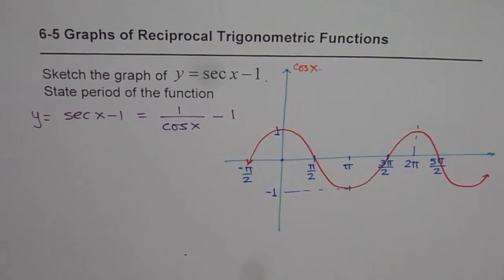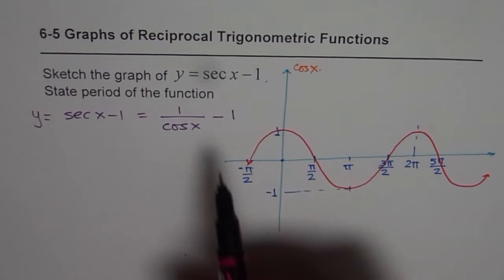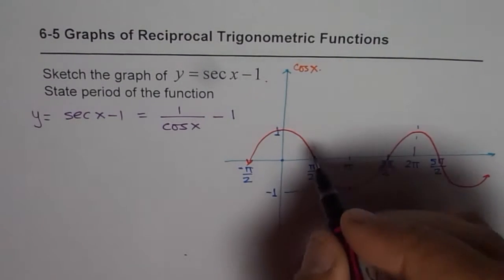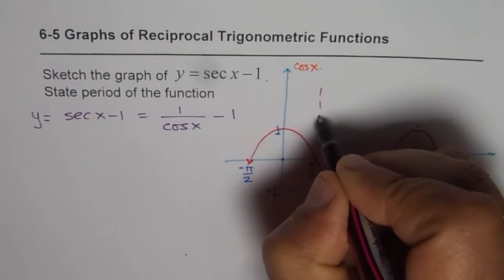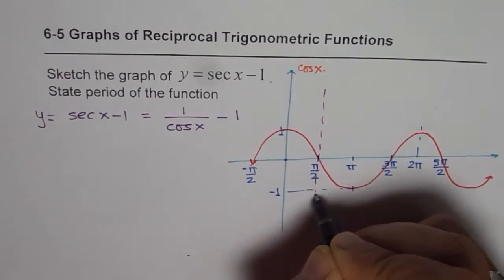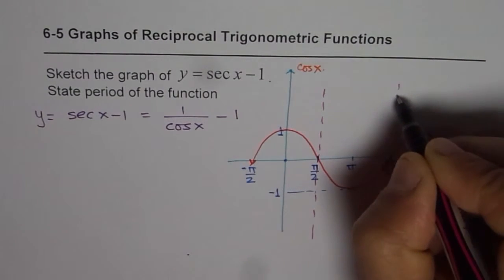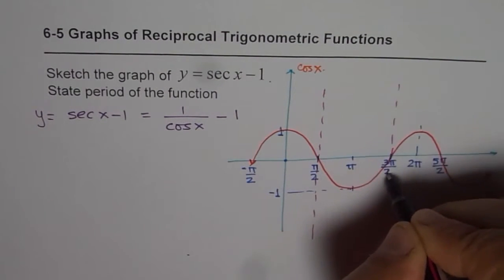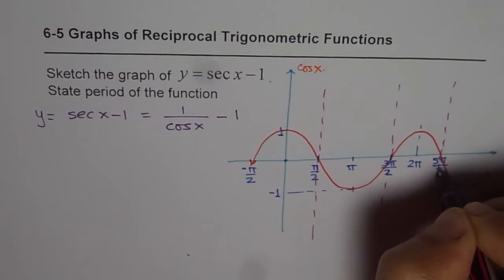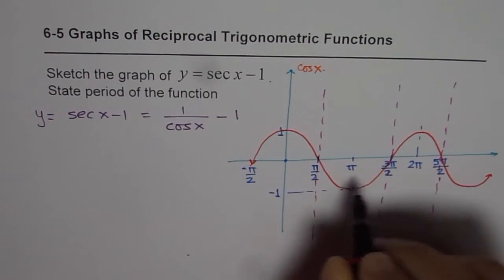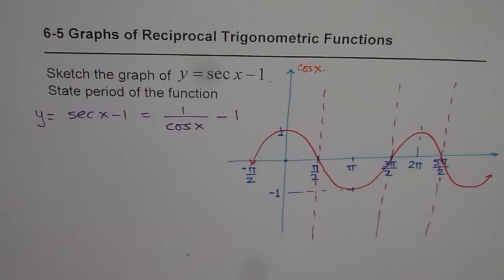Now we will do the reciprocal of this function so that we could get secant x. When you do the reciprocal, the x-intercepts will lead to vertical asymptotes. So we'll sketch vertical asymptotes here. It's not so difficult once you understand the concept. When you do it on graph paper, properly writing down all the units, you'll get a very good, accurate result.